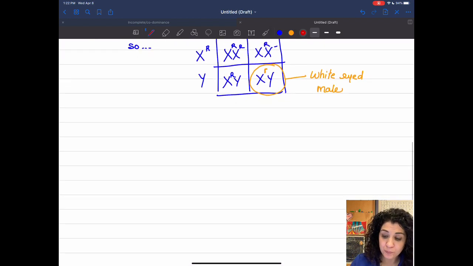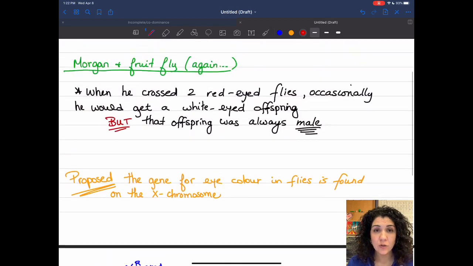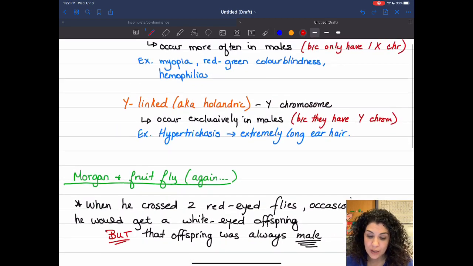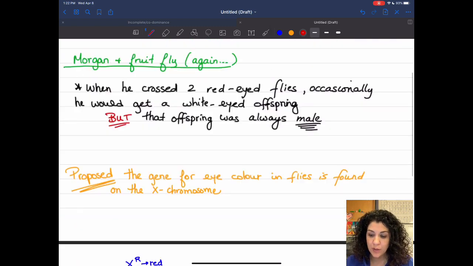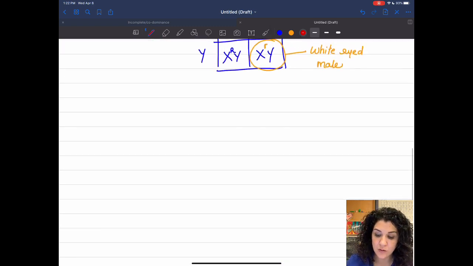And so to reconnect that to what we said earlier when it came to X-linked and Y-linked, why does it occur more often in males? Why does it occur exclusively in males for Hollandric?